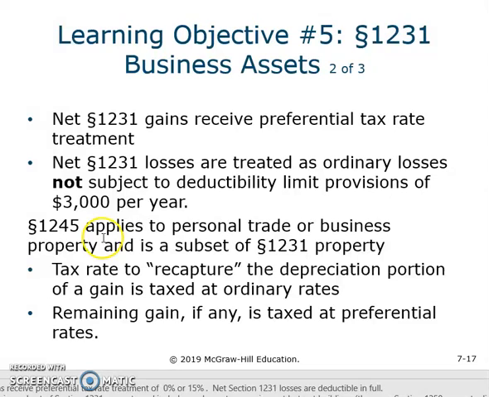Section 1245 applies to personal trade or business property and is a subset of 1231 property. This is the recapture provision. The depreciation portion of a gain is taxed at ordinary rates. Any gain that remains is going to be taxed at the preferential long-term capital gain rates.